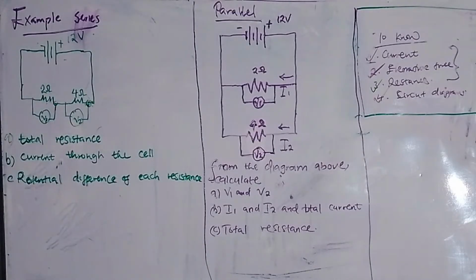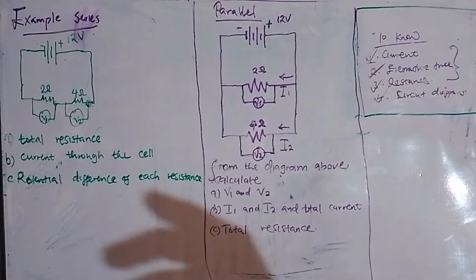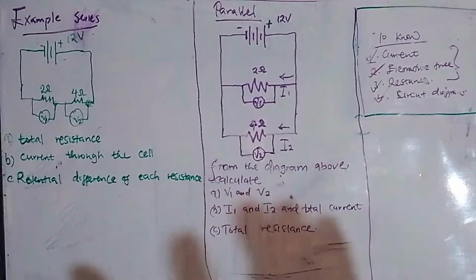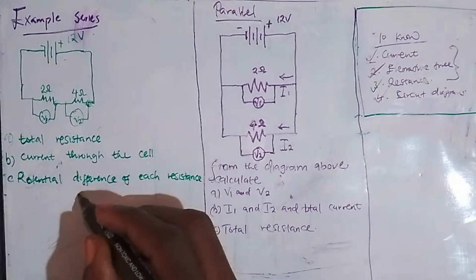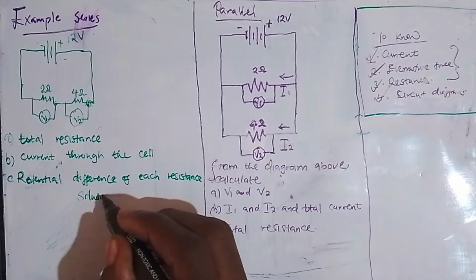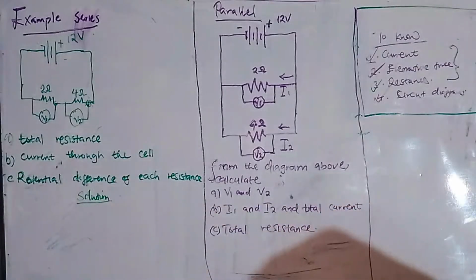If you remember, I gave you the formula for total resistance, which you are going to be using in series. In other terms, they might not ask you to calculate the total resistance, but they may say calculate the effective resistance. So don't get confused.